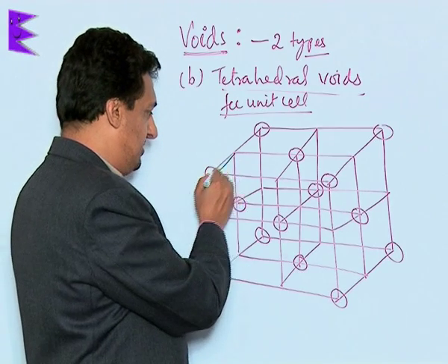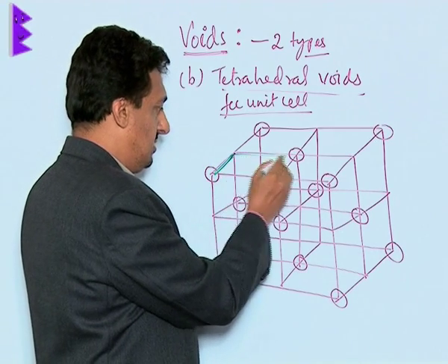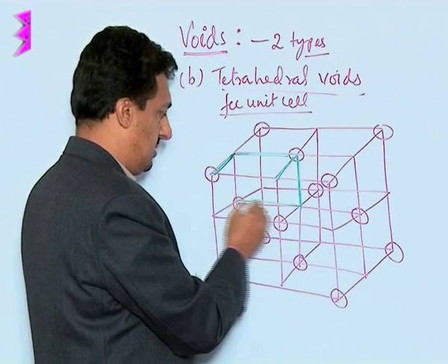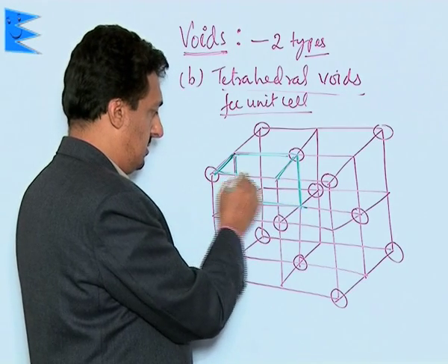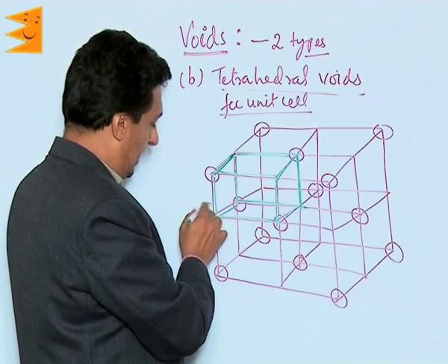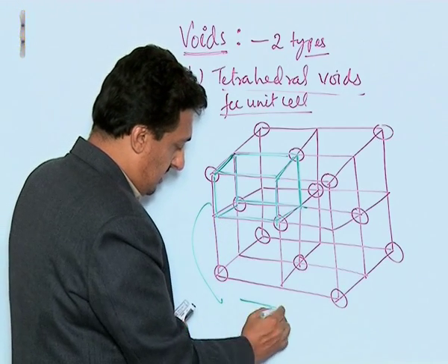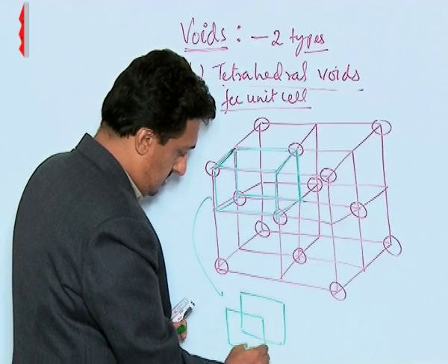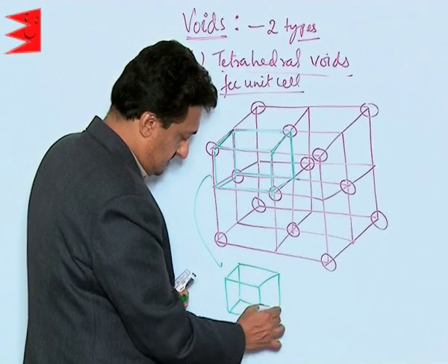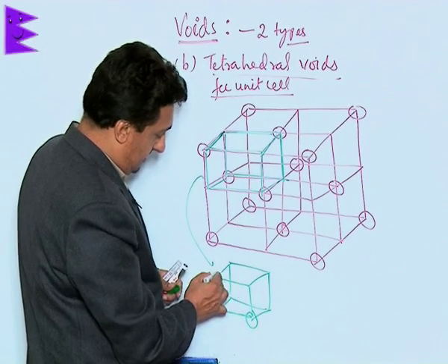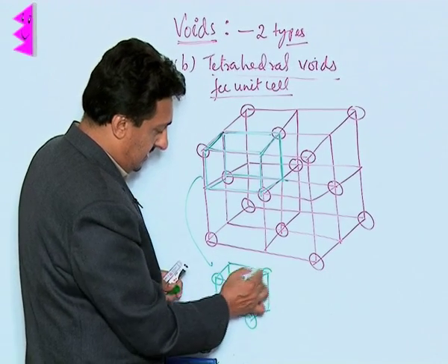Let us now take out this unit cell and let us draw this outside. It will come out to be like this. In this, the particles are here, here, here and here.